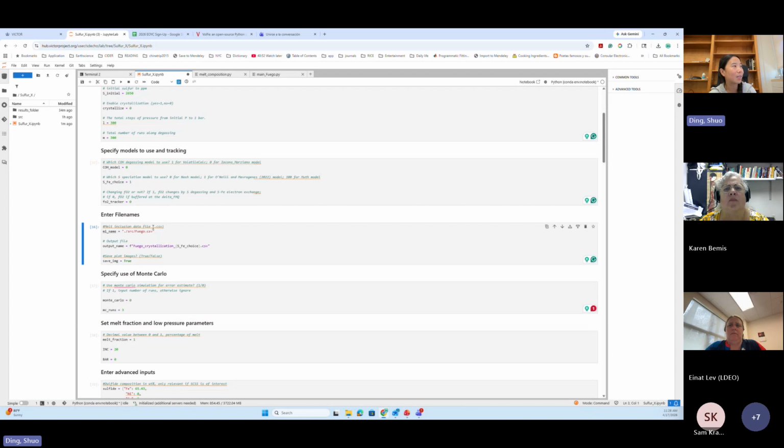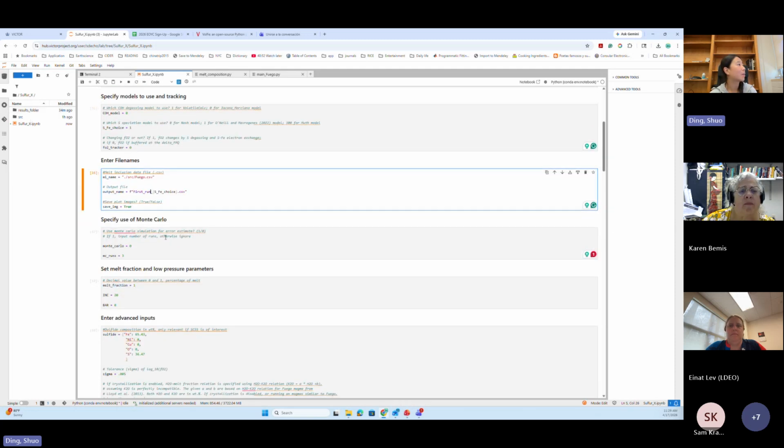So that's why this is here. It's really for if you want to compare to your multi-inclusion data. And then there's the output file, so we can just say first run. This is the output name. You can say anything, and the output will go into the results folder, and then save image.